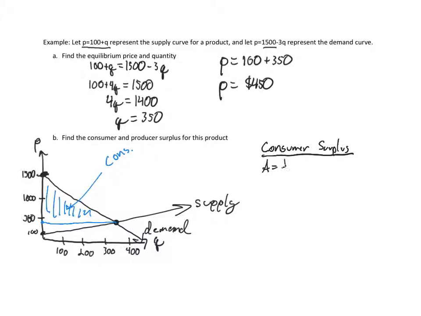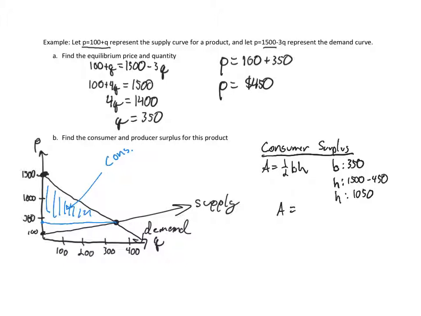Area equals 1/2 base times height. The base of that triangle, the width of it, is the same thing as the equilibrium quantity. The base here is 350. The height is the difference between the maximum point that the consumers would be willing to pay and the equilibrium price, which is 450. So 1,500 minus 450, that height equals 1,050.